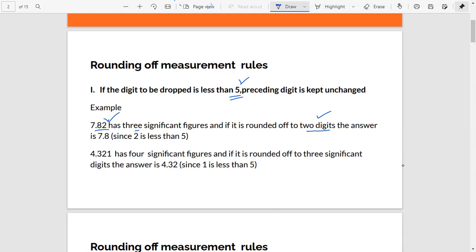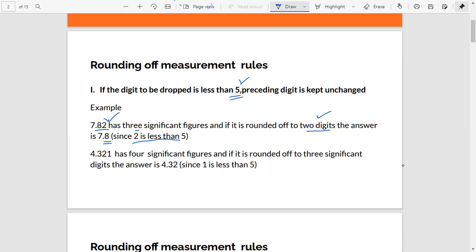This is a 3-digit number and we want to convert it into a number with two significant digits. That is, I want to drop this 2. Now this 2 is the digit to be dropped and it is less than 5. So what does the rule say? When the digit to be dropped, which is 2 in this case, is less than 5, we keep the preceding digit. The preceding digit, that is the digit before 2, is 8. So we keep it as it is.